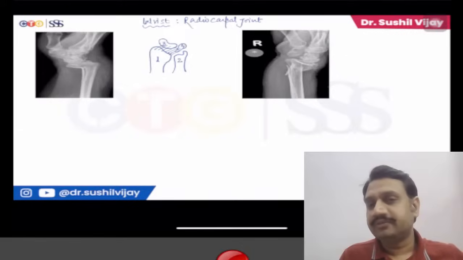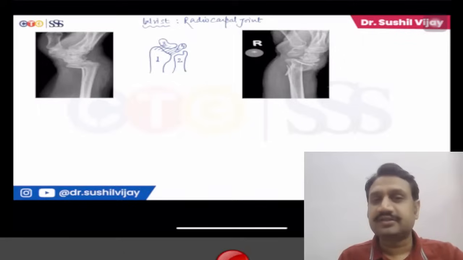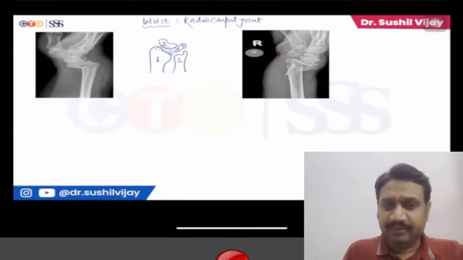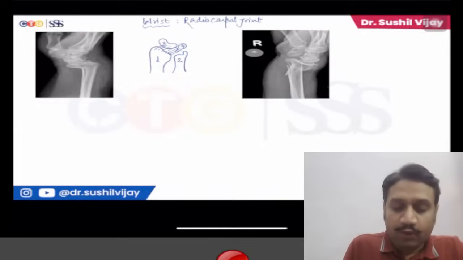Whenever you're talking about fractures of the distal radius, they can be of two types, as you know very well: extraarticular or intraarticular.